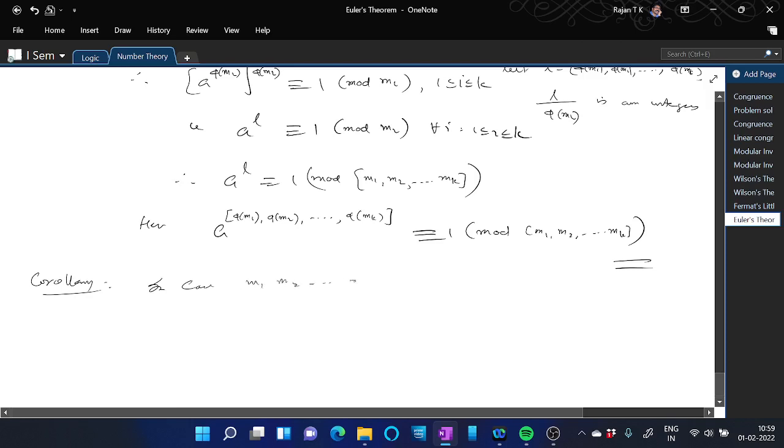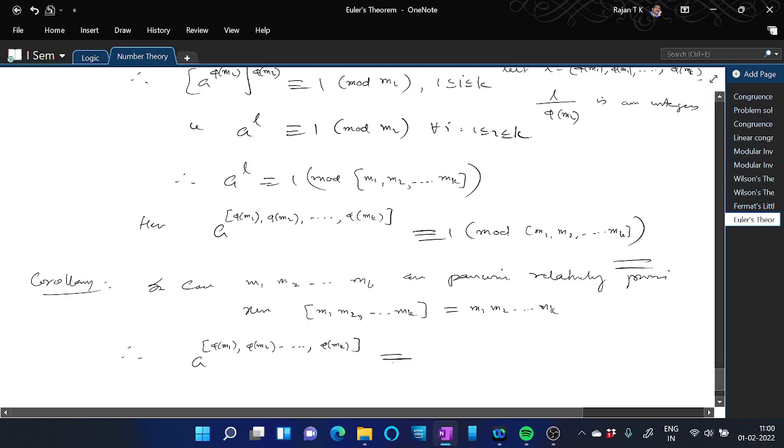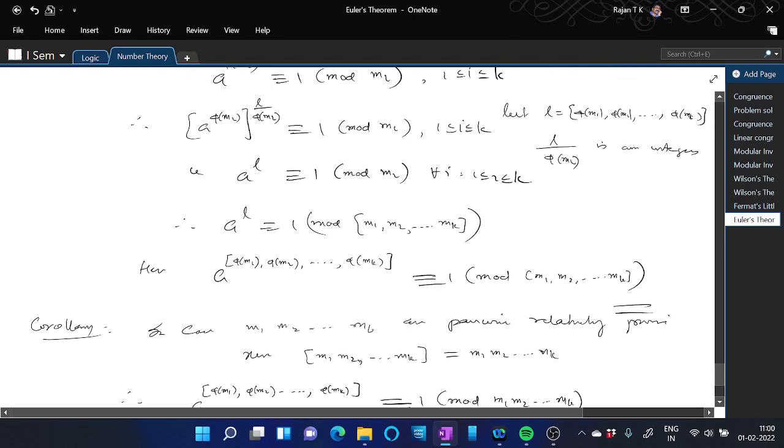Therefore the above result reduces to a raised to the LCM of phi(m1), phi(m2), etc., phi(mk) is congruent to 1 mod m1 times m2 times etc. mk. That is the result that is derived from Cauchy's theorem.